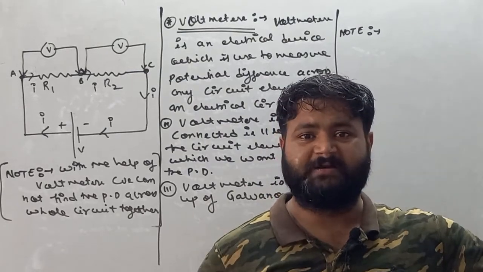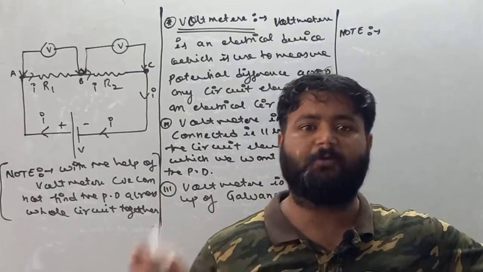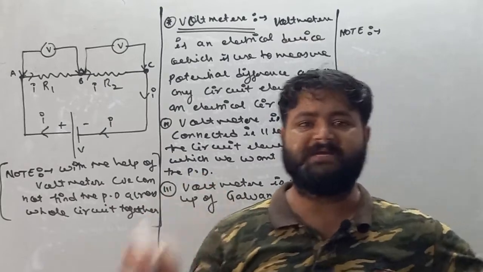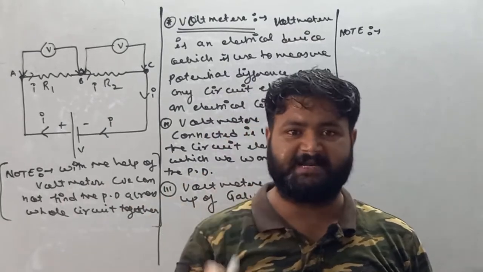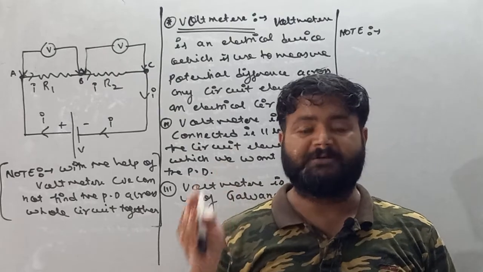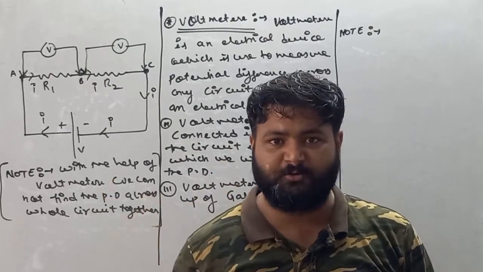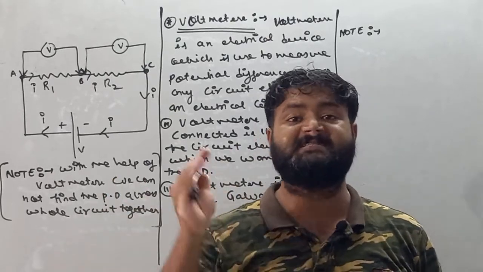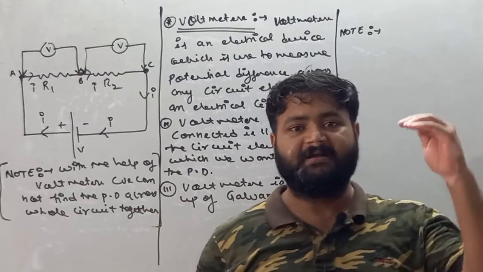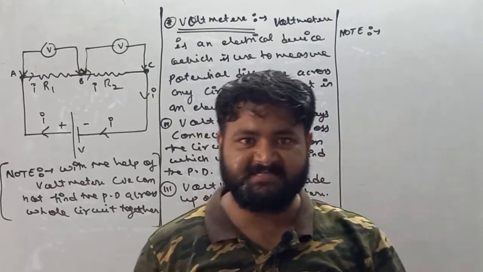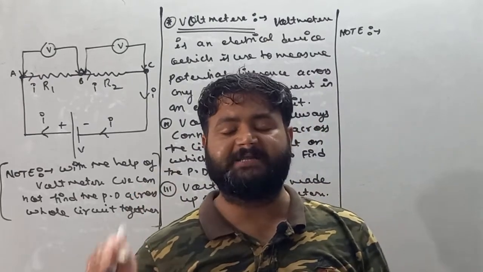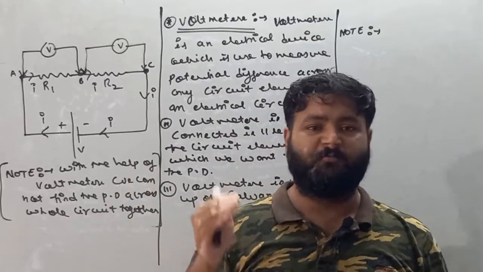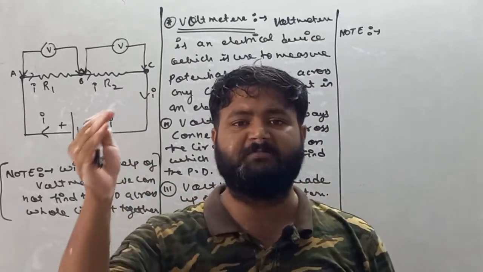Now see, my dear student, if I am talking about the device which measures potential difference, then remember, a good potential measuring device is one whose resistance is high. Repeating once again: for a current measuring device, resistance must be low. For a good potential or voltage measuring device, resistance must be high.